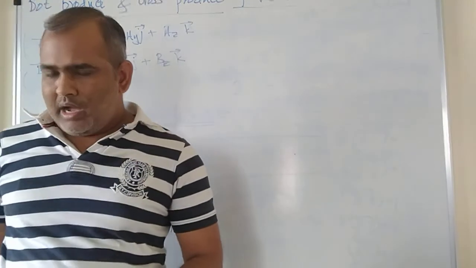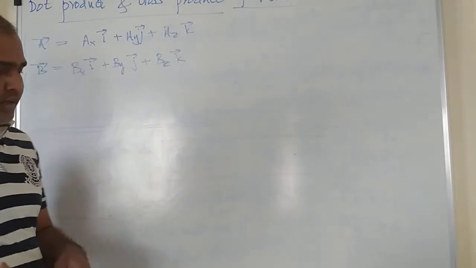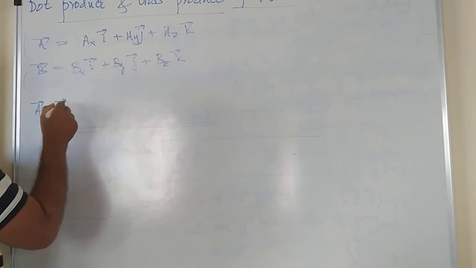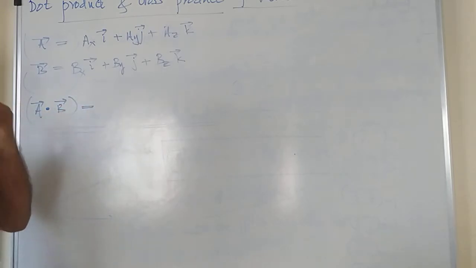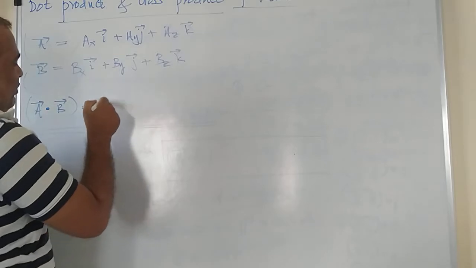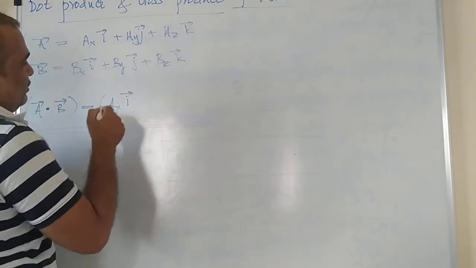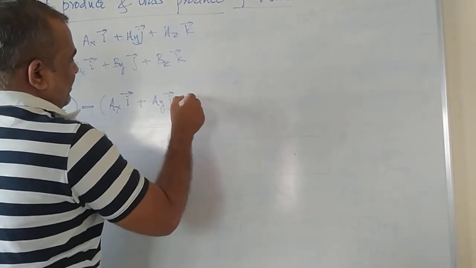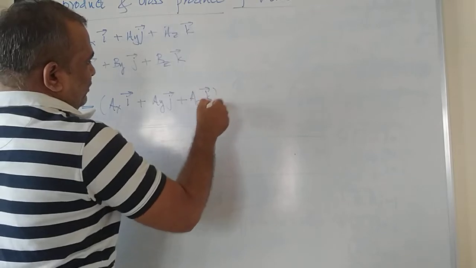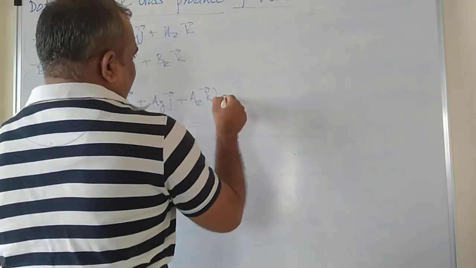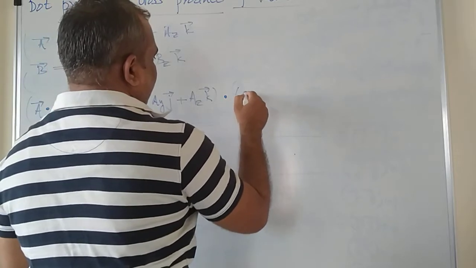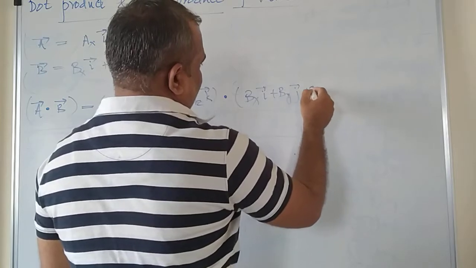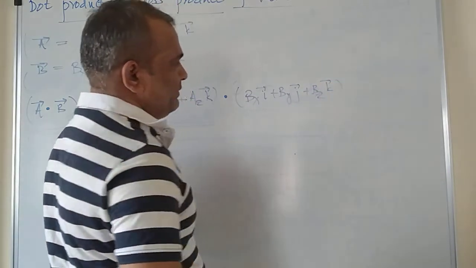Got it? And if you take the dot product of both, a bar dot b bar, this is equal to, now take the multiplication of both, (ax I bar plus ay j bar plus az k bar) dot (bx I bar plus by j bar plus bz k bar).